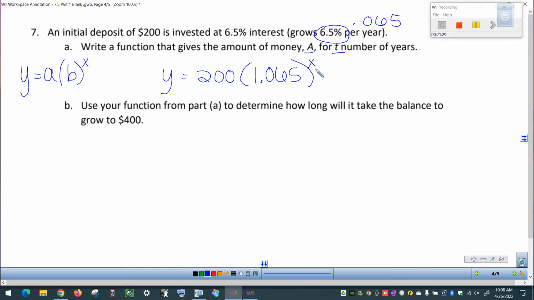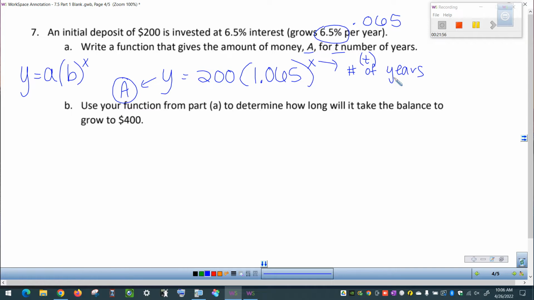That's going to simulate growing by 6.5% every year. I'm just going to make a little note here that x, in this case, represents the number of years. Oh, I totally didn't use the variables that it said to use, but A would be where the y is, and then t would be where the x is.